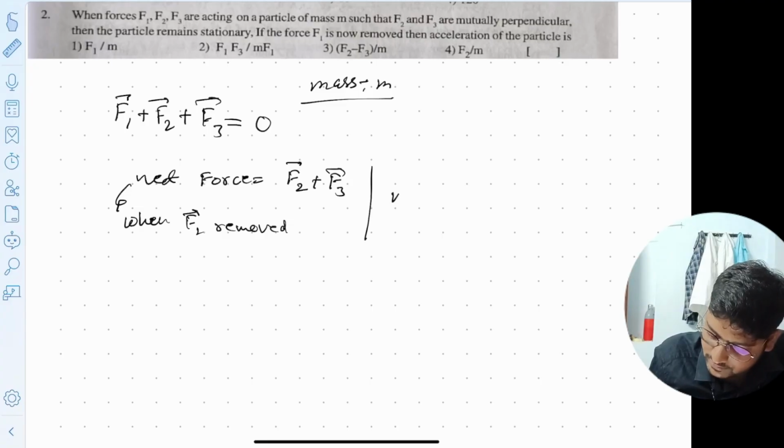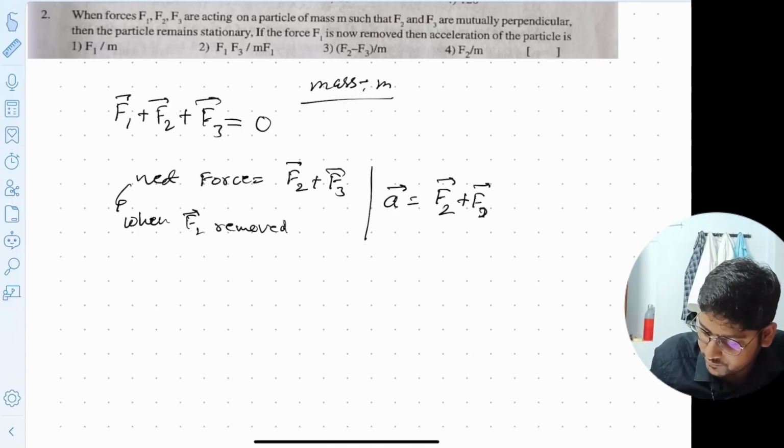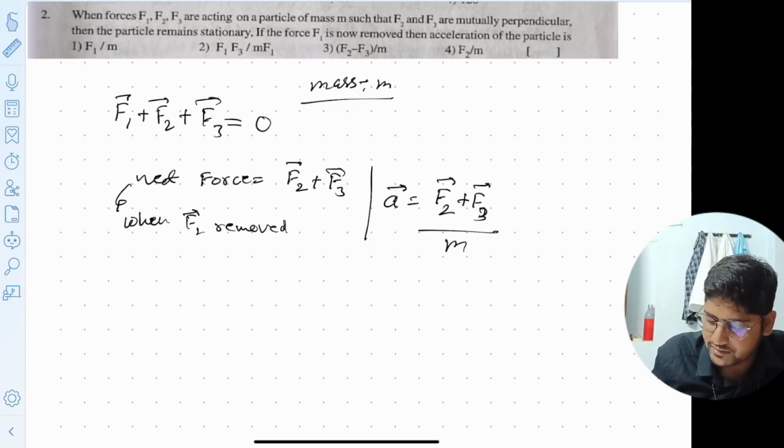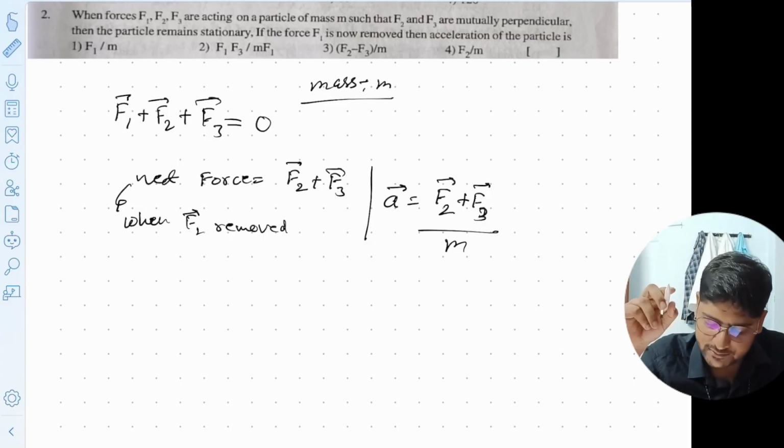Then the acceleration, which we can write directly as a, will be force by mass: F2 plus F3 divided by mass m. Then they are asking for the acceleration. Acceleration will be F2 plus F3 by mass.